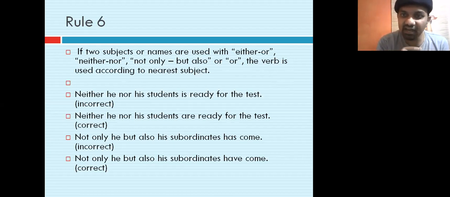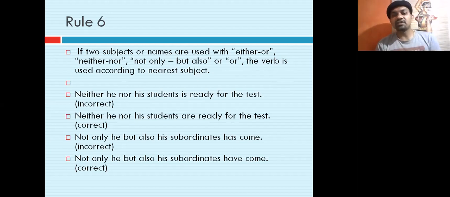So the subject here after nor is his students. His students is a plural subject. That's the reason why we have to use are. Neither he nor his students are ready for the test.